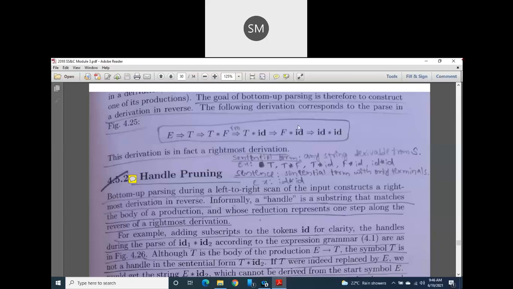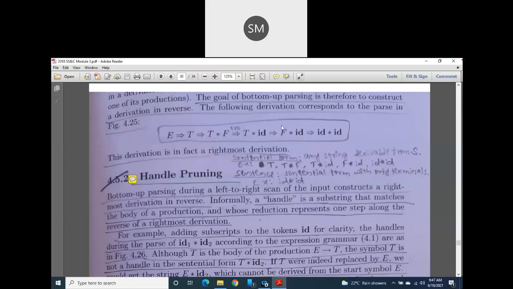In the first step, I kept this id as it is, this star as it is, and this id I reduced to F. It means the first priority I am giving is to this id. I kept it as id, and star also I kept, and this id is reduced to F.